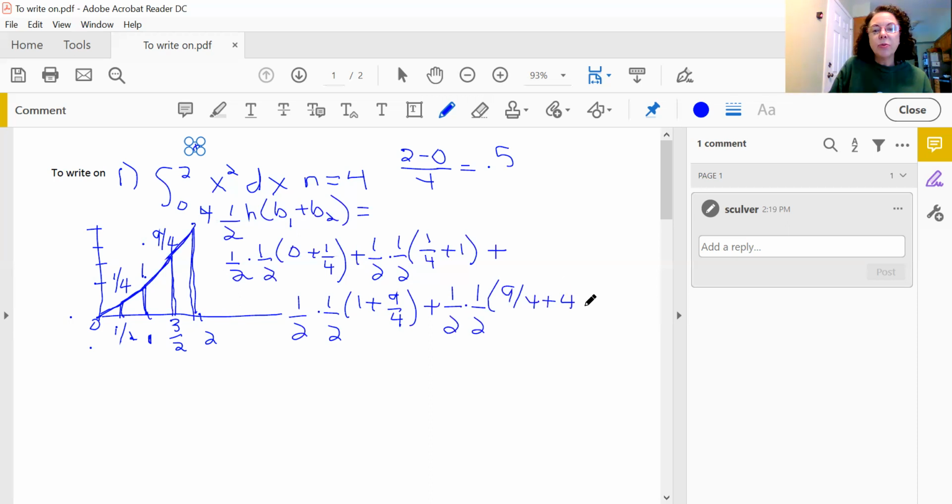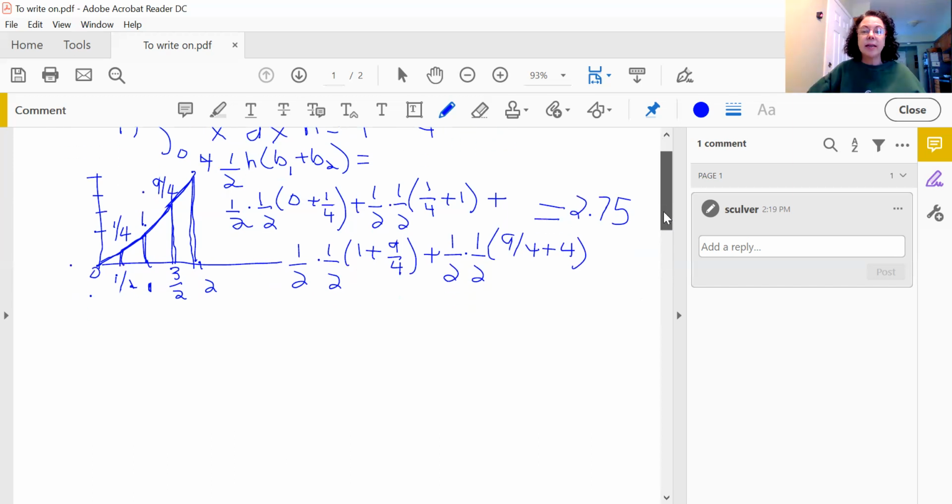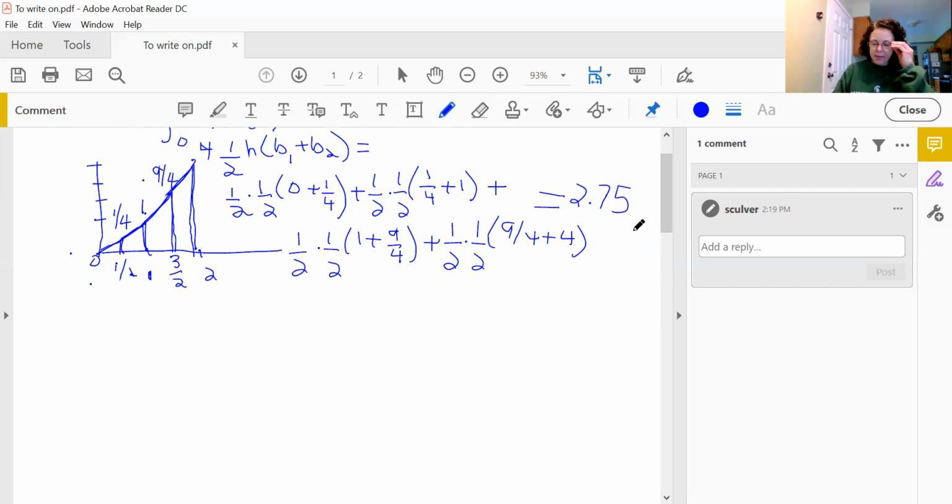And when you do all this math, you get 2.75. What you could also do to check is, in the calculator, you could ask for the actual integration, or you could do it by hand, of x squared from 0 to 2 and see if you're close to the 2.75.